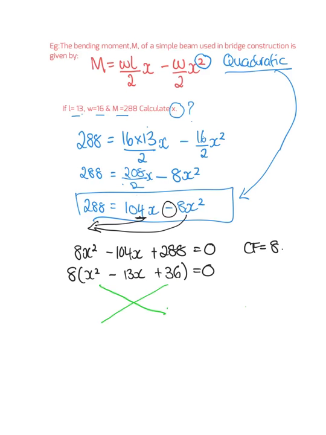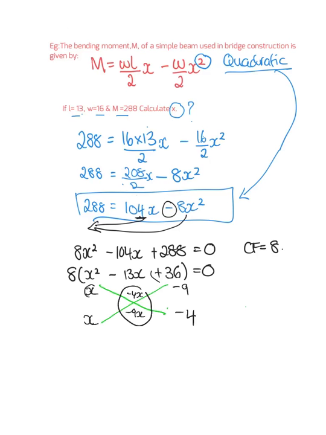Doing the cross method, we're going to look for factors of x squared. This is an x and x. Now factors of 36, but they need to add up to negative 13. So I need 2 negatives. I'm going to try negative 9 times negative 4. So x times negative 9 gives negative 9x, and x times negative 4 gives negative 4x.